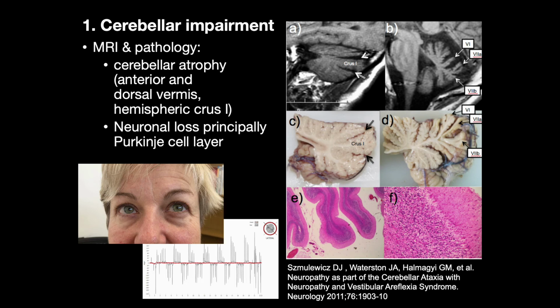I've just put in a trace bottom left of visual pursuit, so that red is the head, which is stable, and the eyes are the black traces with multiple high amplitude corrective saccades simulating broken up or saccadic pursuit.